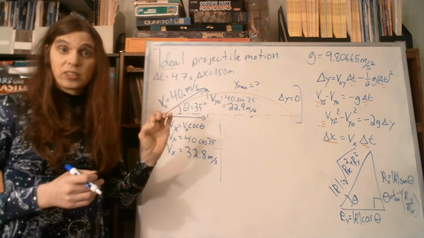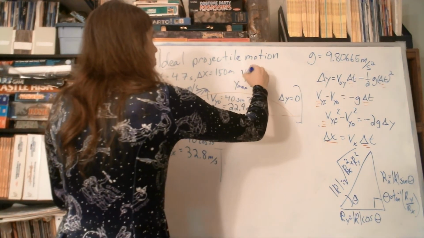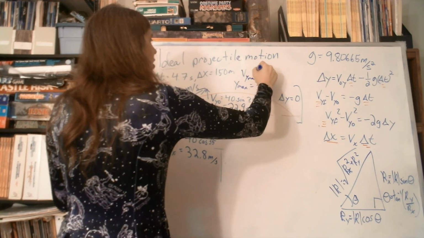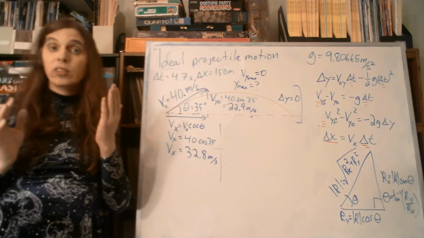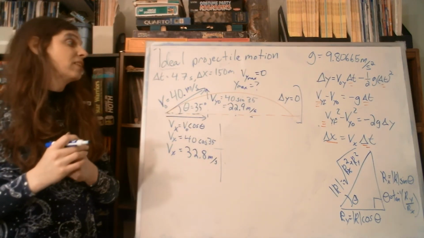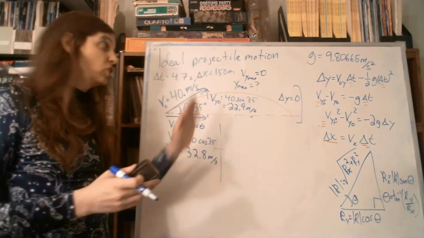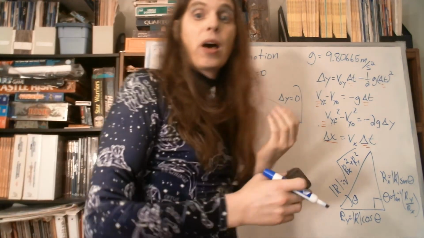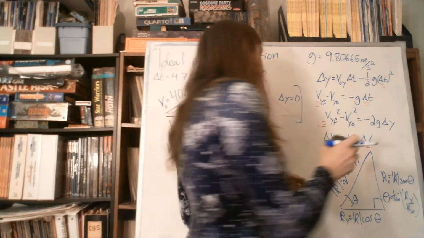Our y velocity will have to be 0 at this point. So Vy at the max height is 0. And if we know that, then we're looking at different conditions. We're not looking at the end of the whole flight. We're looking at the spot where we have 0 y velocity.